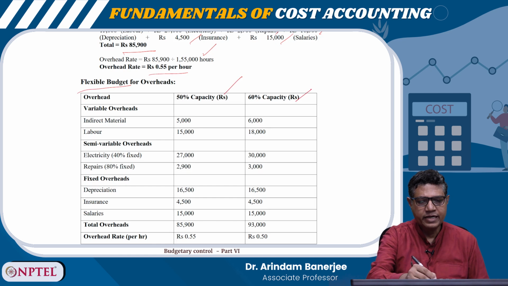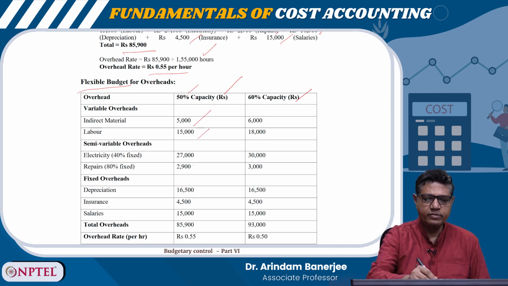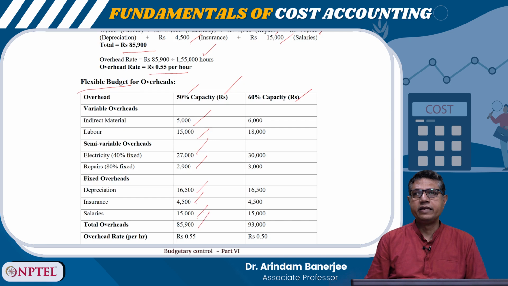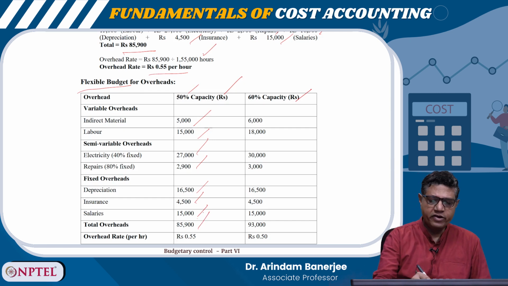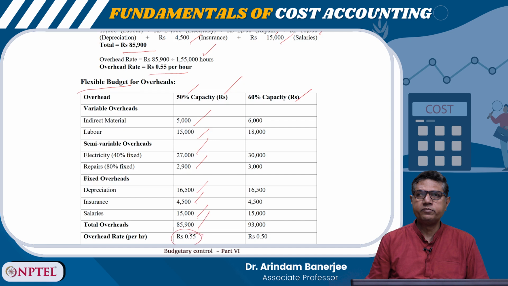So, at 50% capacity, indirect material 5,000, labor 15,000, semi-variable overhead of which 40% is fixed 27,000, repairs of which 80% is fixed 2,900, depreciation 16,500, insurance 4,500, salaries 15,000. If I add, the total overhead will be 85,900. So, the overhead rate per hour, as we calculated, will be 0.55 rupee, okay.